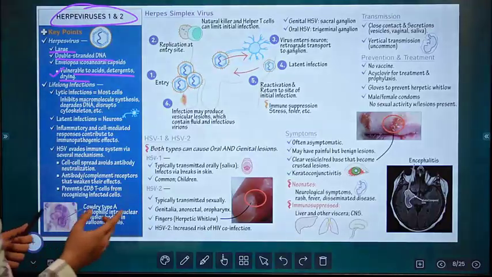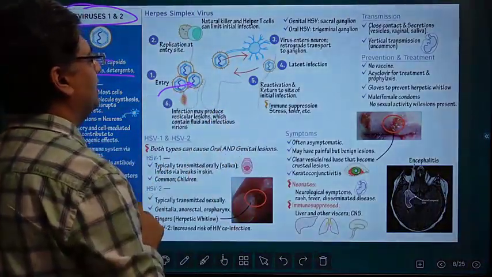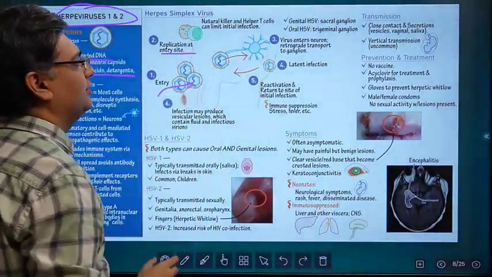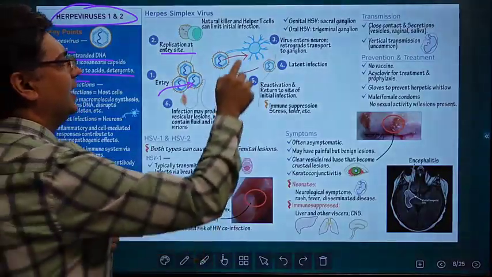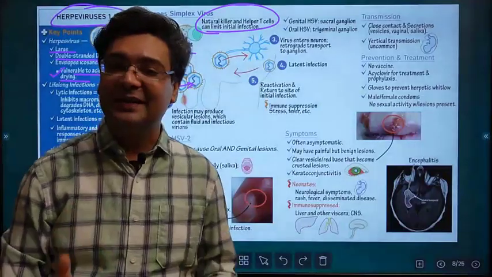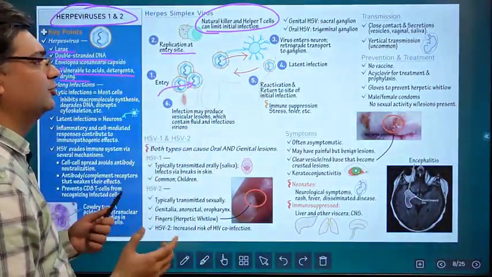Then the virus enters here and starts replication at the entry site. The natural killer and helper cells can initially limit the infection, and that's why the initial infection is asymptomatic in most patients.